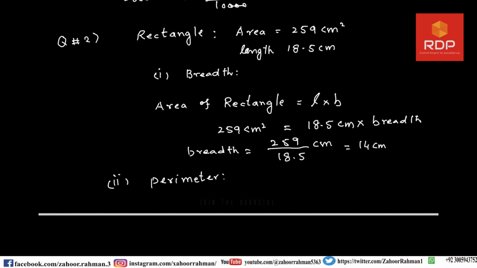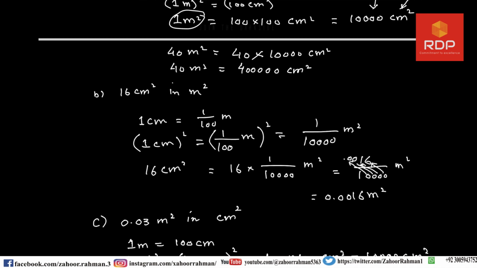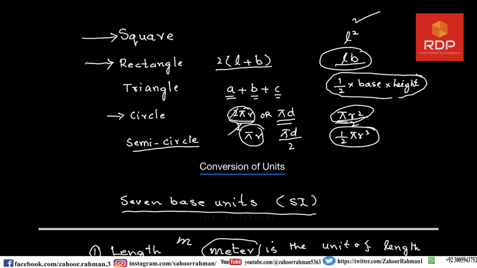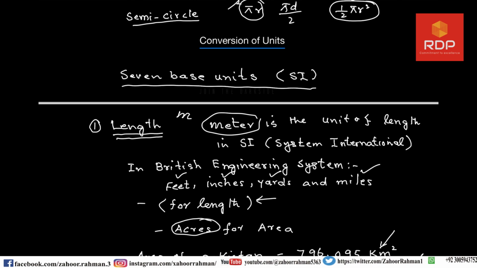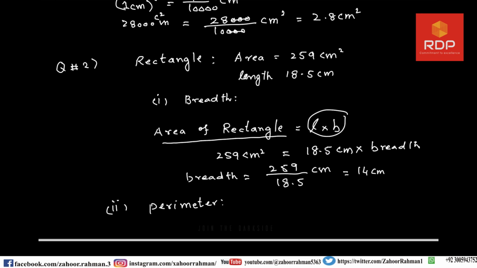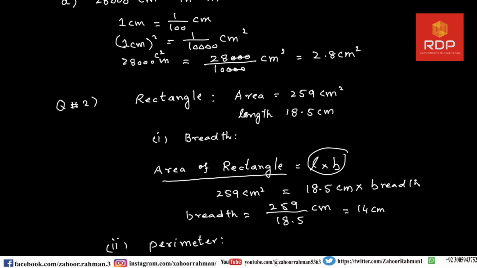As the area of a rectangle, you know that it is L cross B, and you know it from here. You can see that the area of that figure is equal to length into breadth. Area is given here as 259.